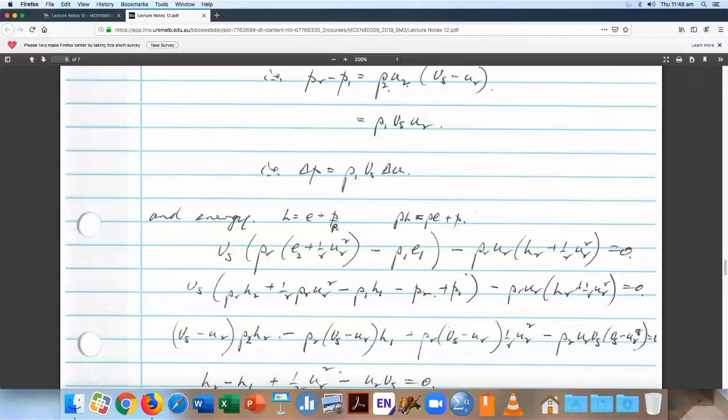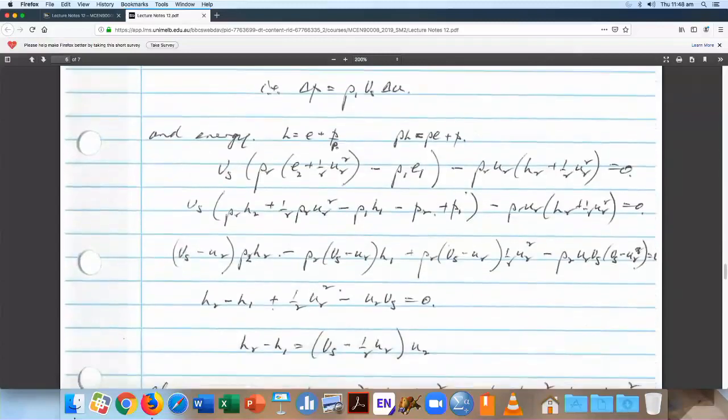Okay, anyway, you can do that and the energy equation can be written in that form, and if you divide throughout by rho 2 (u_s minus u2), I get H2 minus H1 plus a half u2 squared minus u2 u_s equals 0, or H2 minus H1 is (u_s minus a half u2) multiplied by u2.